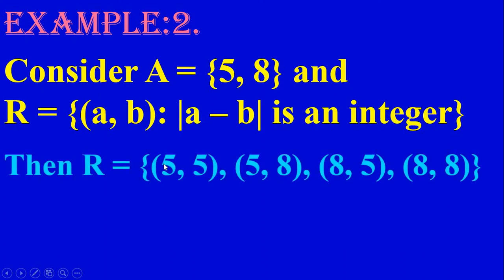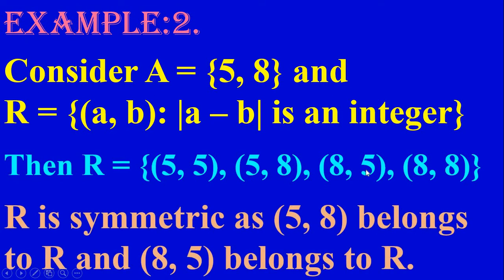So the relation is {(5, 5), (5, 8), (8, 5), (8, 8)}. This is the relation on A. Now here we have (5, 8) and also (8, 5). So R is symmetric as (5, 8) belongs to R and (8, 5) also belongs to R. Both belong to R, therefore this relation is symmetric.